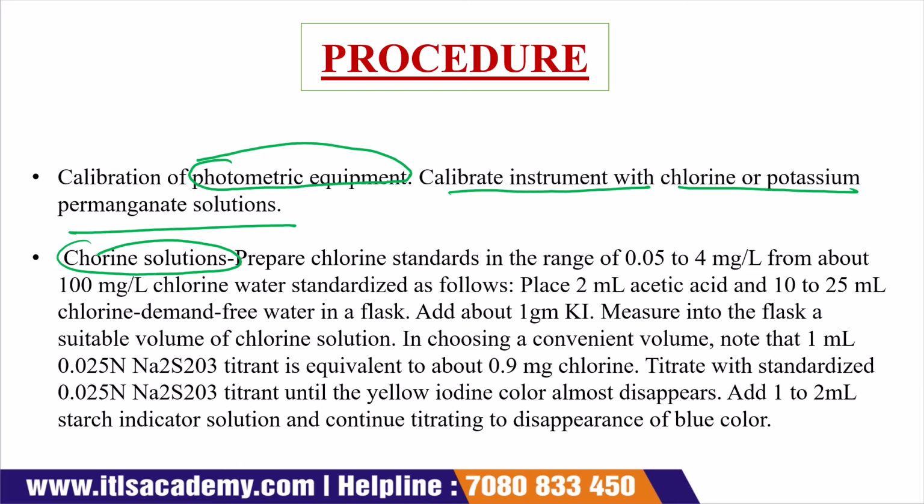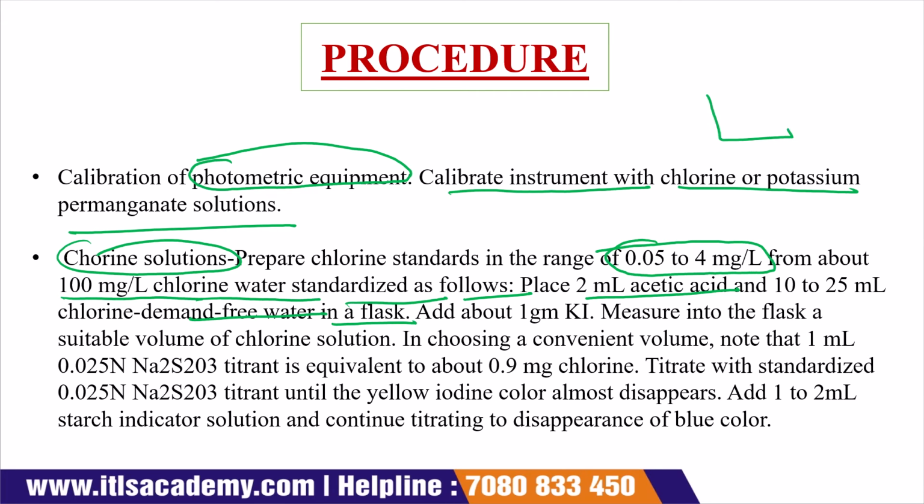For this, we require preparing the chlorine standard in the range of 0.05 to 4 milligram per liter from about 100 milligram per liter chlorine water, standardized as follows. We place 2 ml of acetic acid and 10 to 20 ml of chlorine demand free water in a flask.